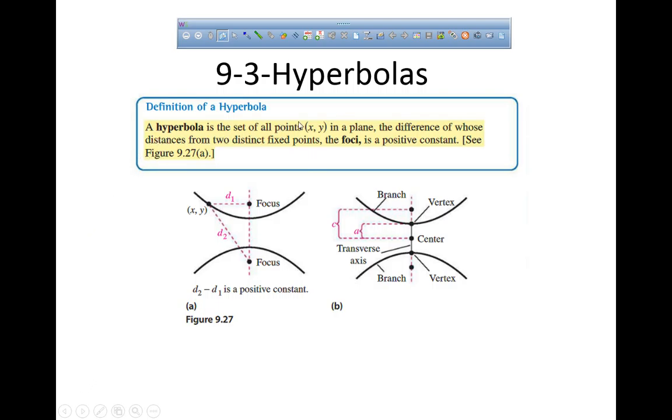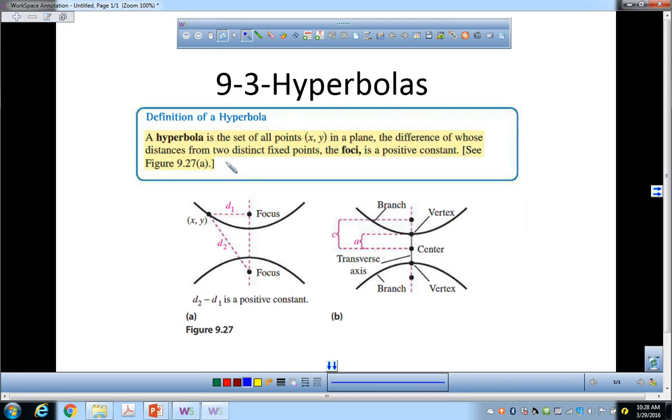A hyperbola is a set of all points x, y in a plane, the difference of whose distances from two distinct fixed points, also called the foci, is a positive constant. Very similar to the definition of an ellipse, okay? See figure 9.27. With an ellipse, you add these two distances together and get a constant, and from the sum of those two segments you generate an ellipse.